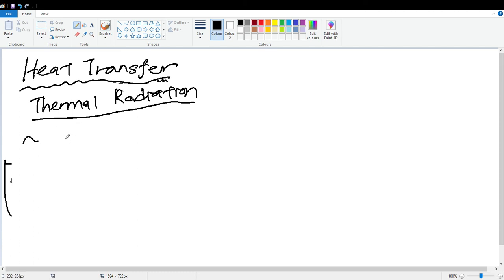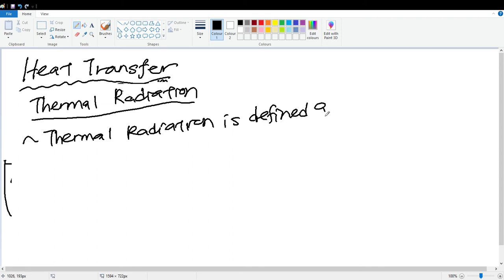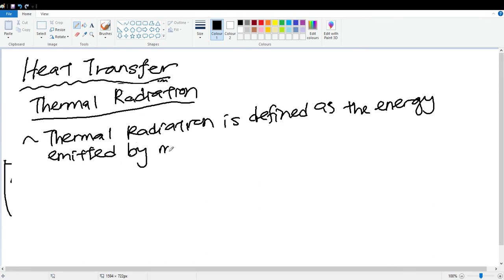So thermal radiation is defined as the energy, or we can say heat energy, emitted by matter. Matter is meant by the atoms.